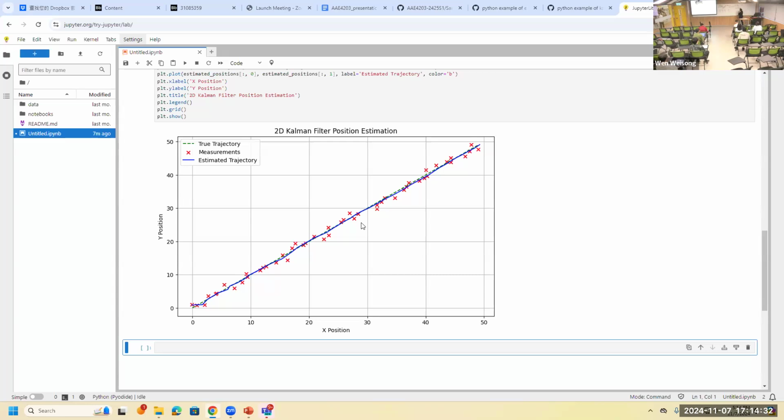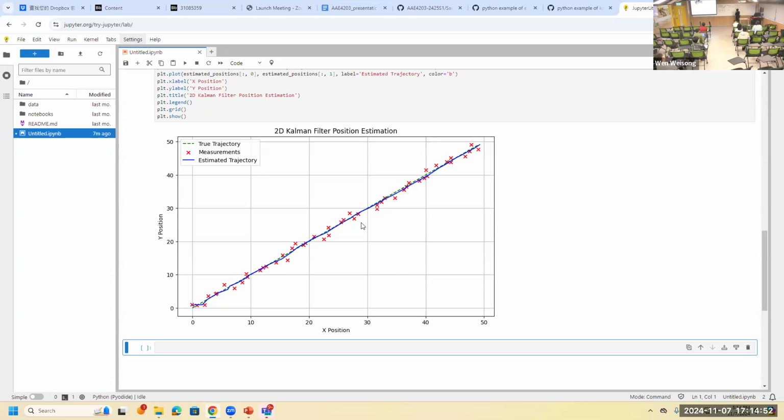Okay, so this can be written into the equations. And also we can have the equations for the velocity. Okay, we assume a constant velocity model. So Vk is equivalent to Vk minus 1.